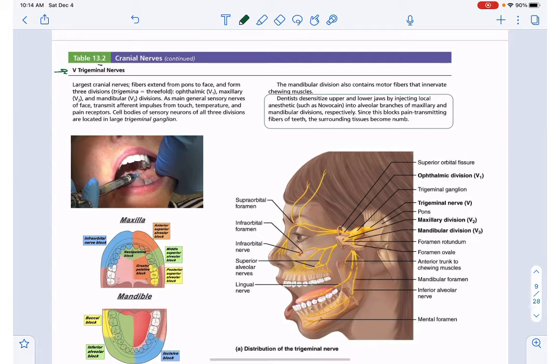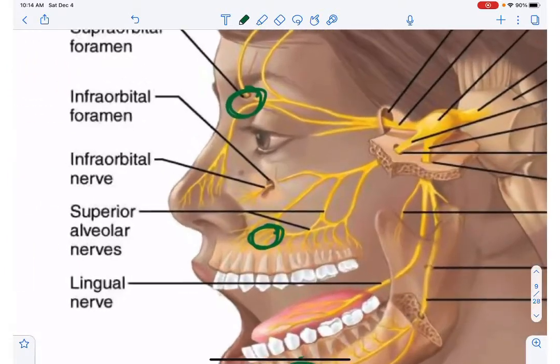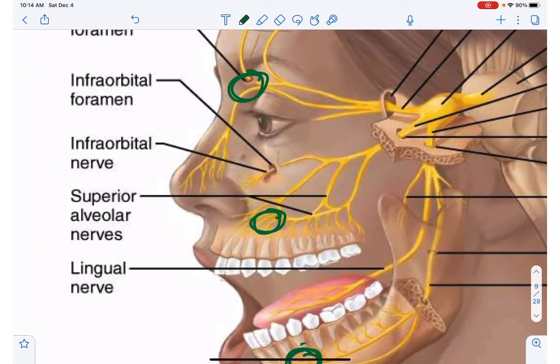5, the trigeminal nerve. The trigeminal nerve has 3 different branches. It has this ophthalmic division, it has this maxillary division, and it has this mandibular division. And you can see that these nerves branch, and then they eventually make their way up their root canal into the pulp cavity.